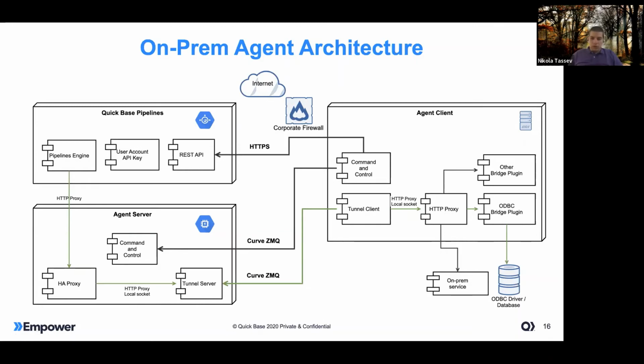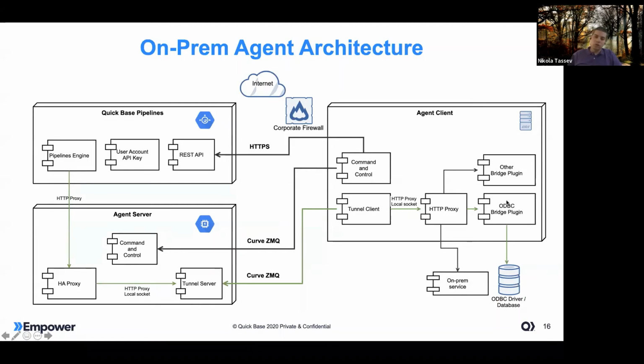We came up with this architecture so that we can access HTTP-based on-premise services. So imagine that you have an on-premise Jira instance that is not exposed to the internet, or a Redmine bug tracker system, or any other service-oriented type of service that speaks HTTP. This allows pipelines to talk to such services. We also have a bridge plugin architecture in the client that allows us to add different bridge plugins.